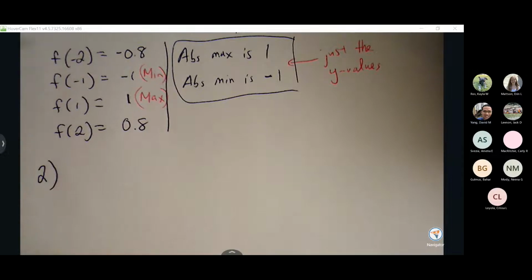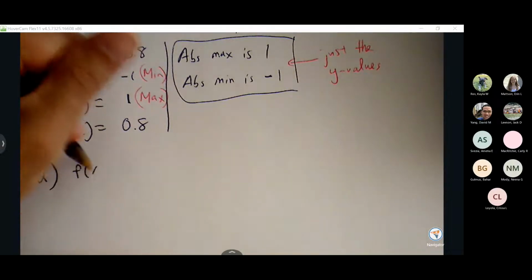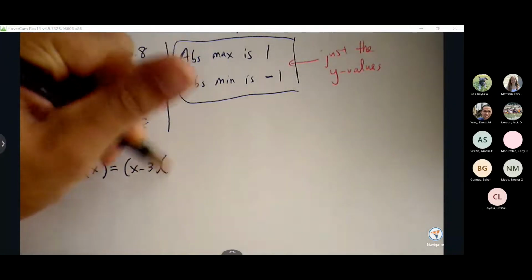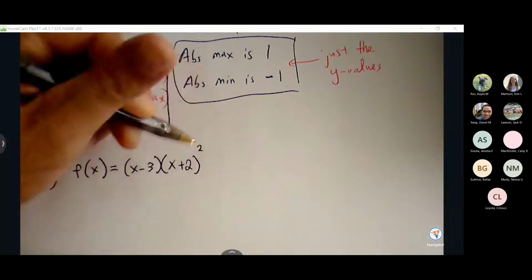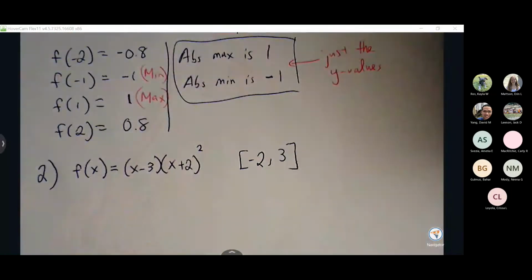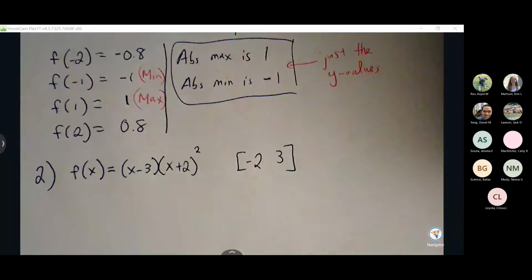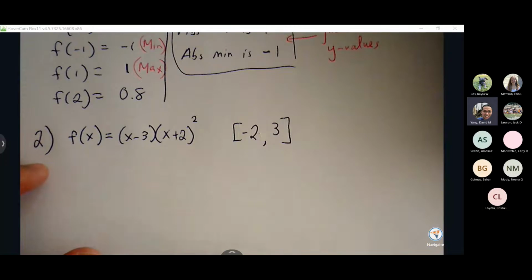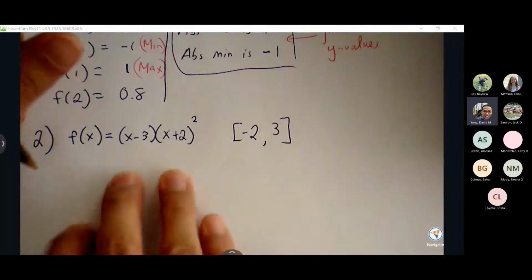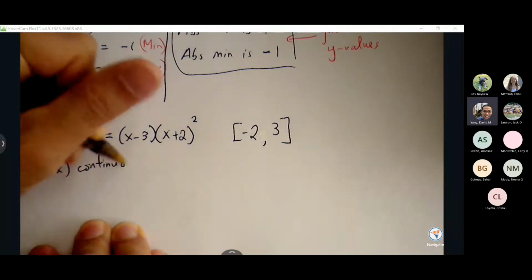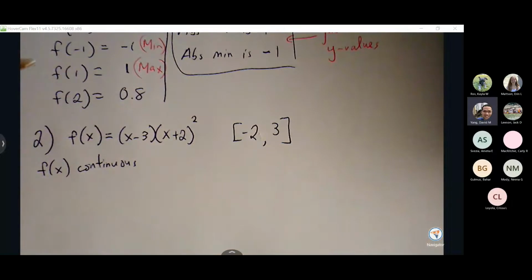Okay, Rolle's theorem. Okay, we got a polynomial here. We know our function is good, no issues with our conditions, except we got to consider the endpoints, see if they are producing the same y values.